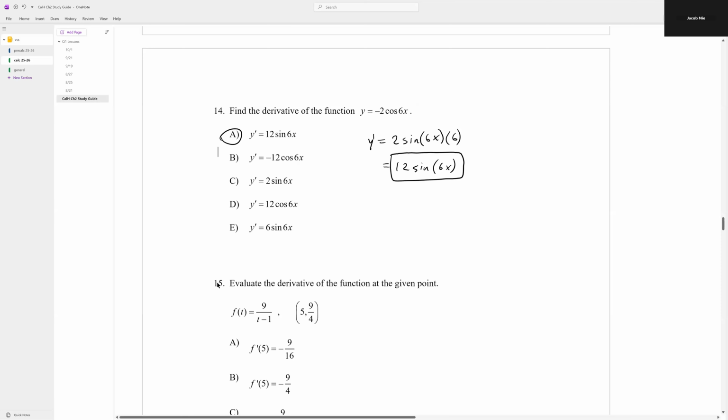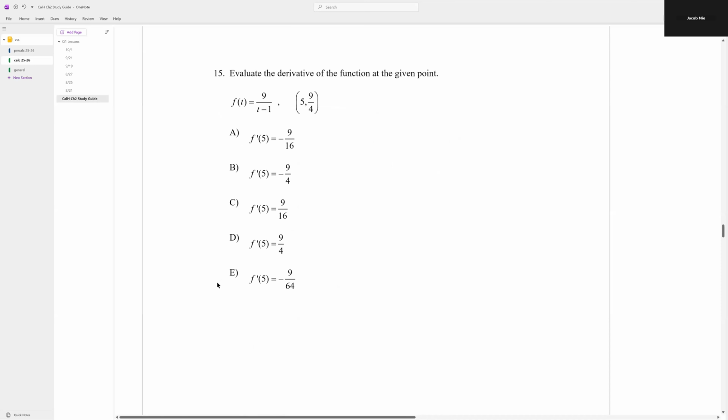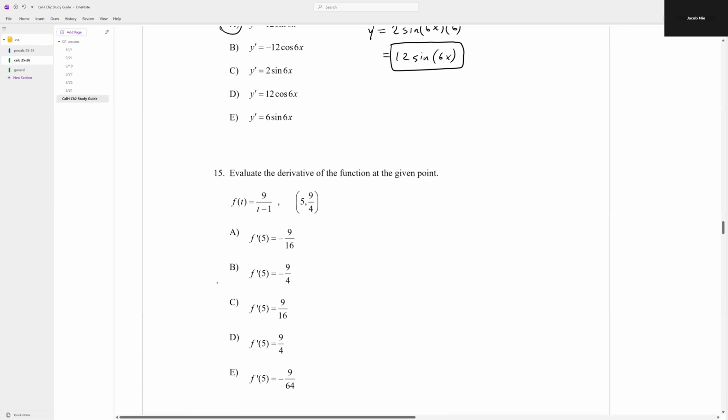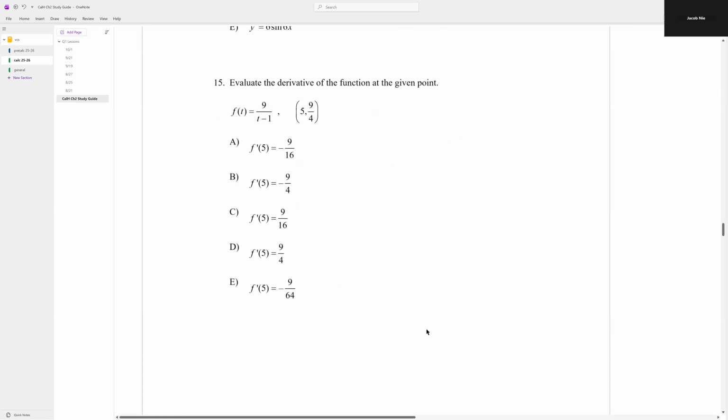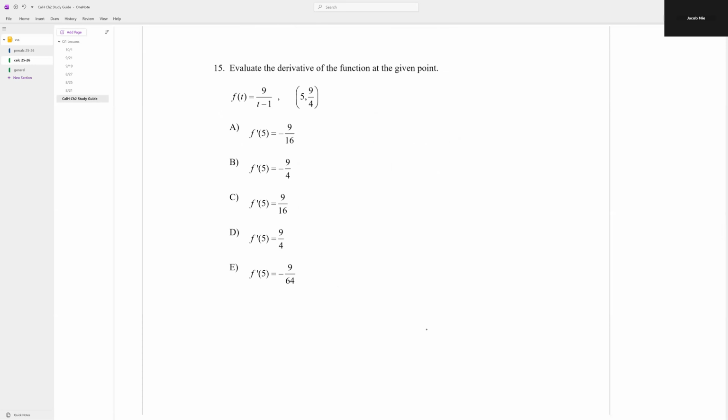Just choice A. 15, evaluate the derivative at this given point. And so I'm basically just interested in the value of this function when t equals 5, right? T is the x-coordinate, the independent variable. And so what is the derivative of f of t? Well, you could use quotient rule, but I'm going to do it an easier way by converting this to a power.